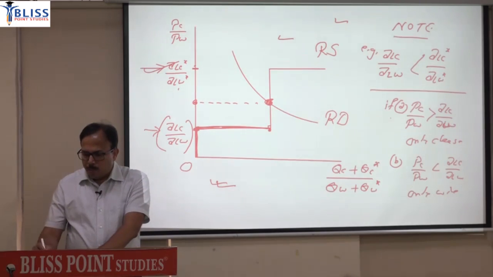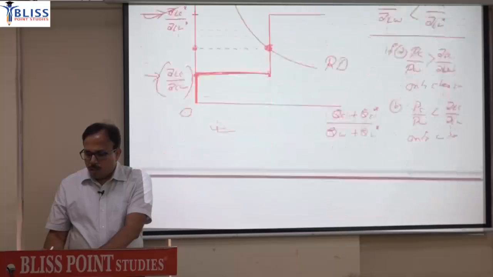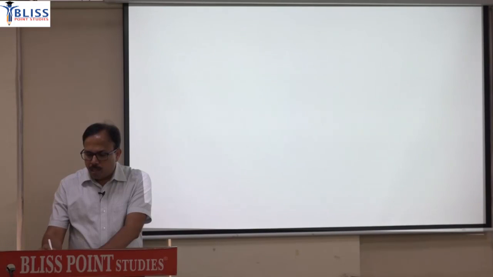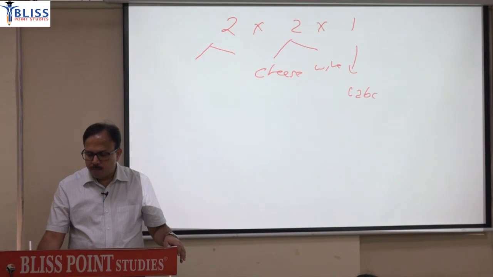So the model can be explained by using this part. Now, although we say that the model is a 2 by 2 by 1 model, 2 by 2 by 1 means we are explaining trade between home and foreign, producing two products, cheese and wine, by using only one factor, labor.